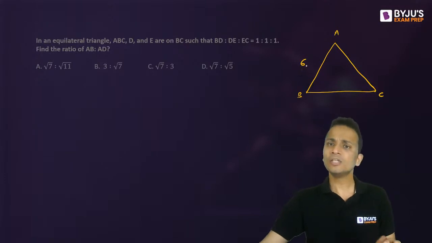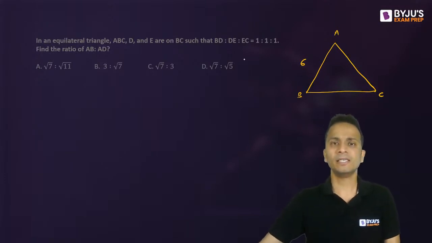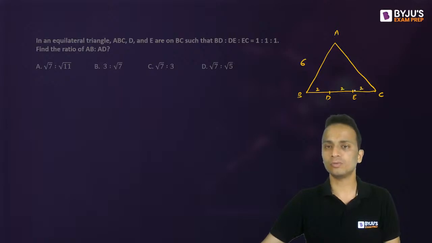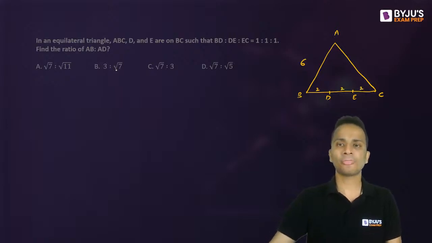So each of the three sides is 6. Now D and E are the points on BC such that they are equidistant from each other. So this is 2, 2 and 2. Right? Now we have to find out the length of AD.